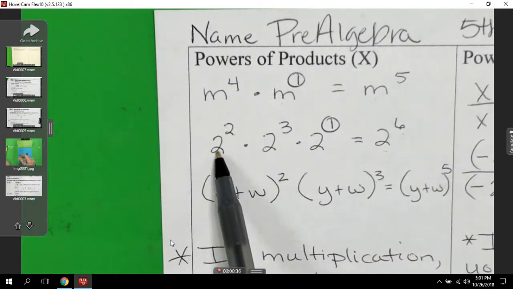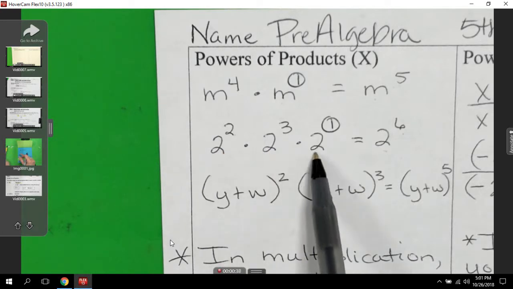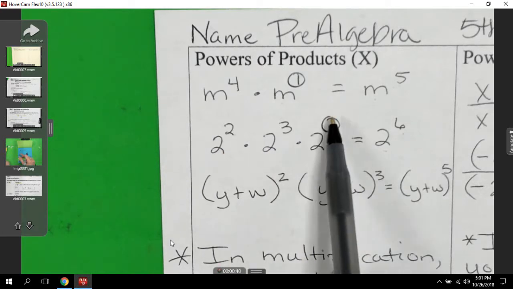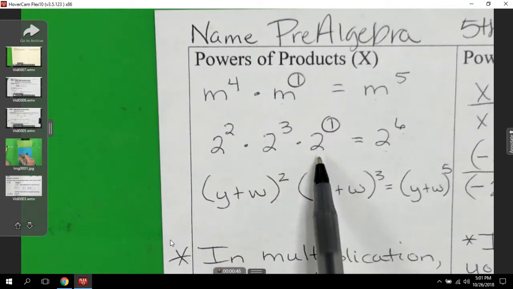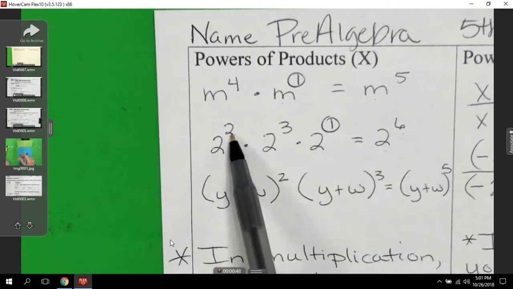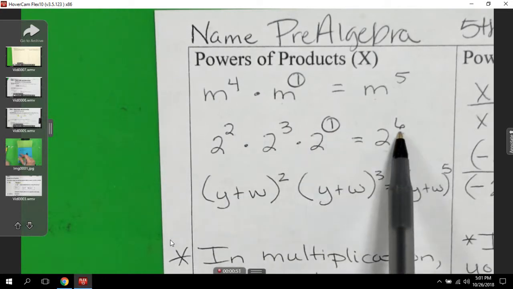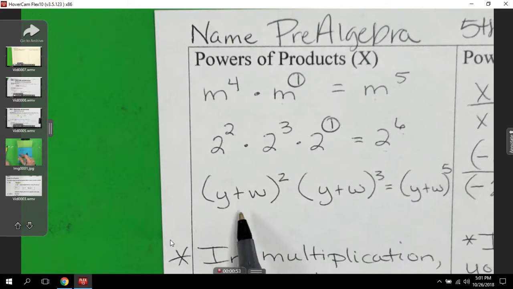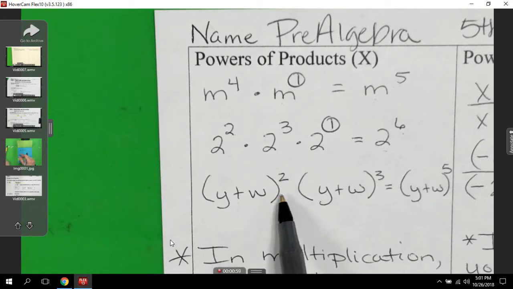Next, we have 2 to the second times 2 to the third times 2 to the first. The 1 wasn't written there, but we understood that there needs to be a 1. 2 is our base number, adding our exponents, 2 to the 6th power. Next, we have y plus w raised to the 2nd power.